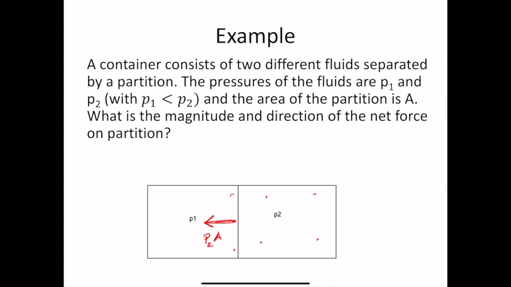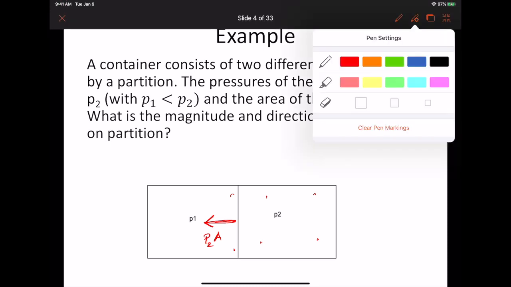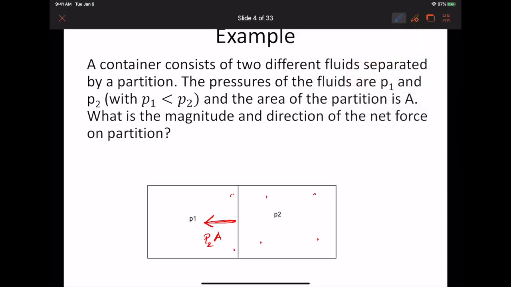What is the force exerted by the gas on the left side of the partition? That is going to be P1 multiplied by A, exactly the same reasoning. The pressure everywhere on the left side of the partition is P1, and so you can use force equals pressure times area.